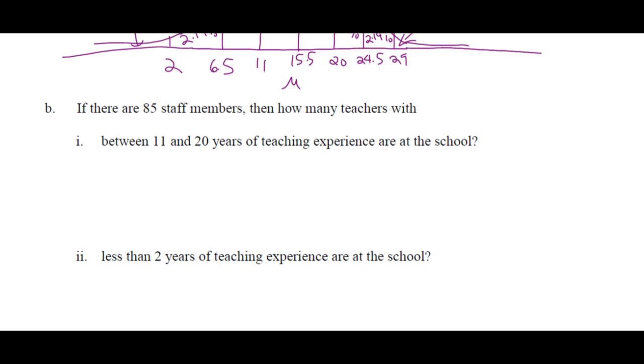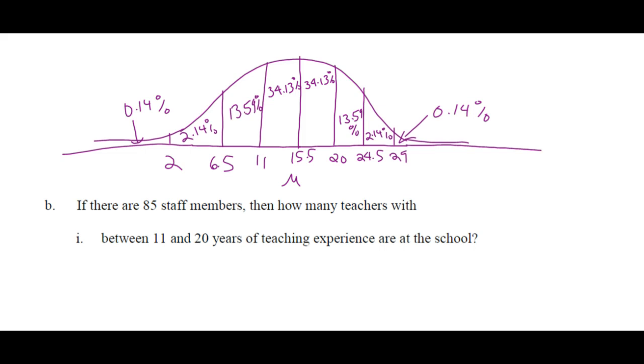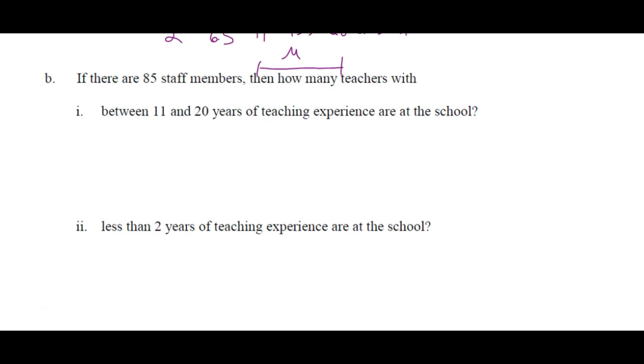If there are 85 staff members, then how many teachers have between 11 years and 20 years of teaching experience? So we need from here to here. From there to there is 2 times 34.13%, which is 68.26%.